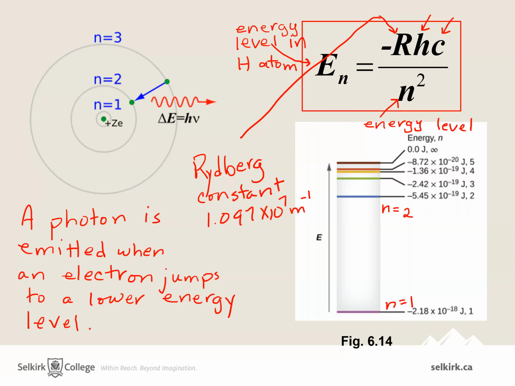Now, not to frustrate you too much, the Bohr model still isn't the most modern model. We don't believe in orbits anymore, but I don't think our time will be wasted considering this. It's a nice evolution of a model. So I promised you I was going to calculate the color of the light when the atom hops from the third energy level to the second energy level.